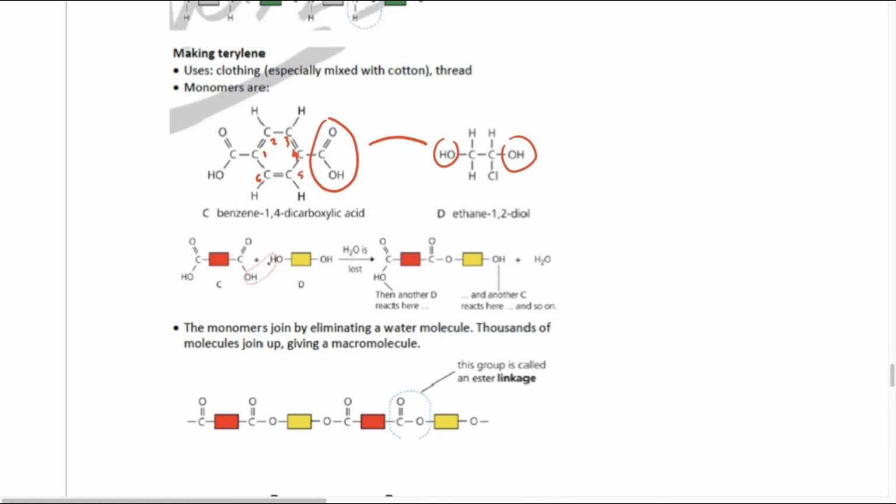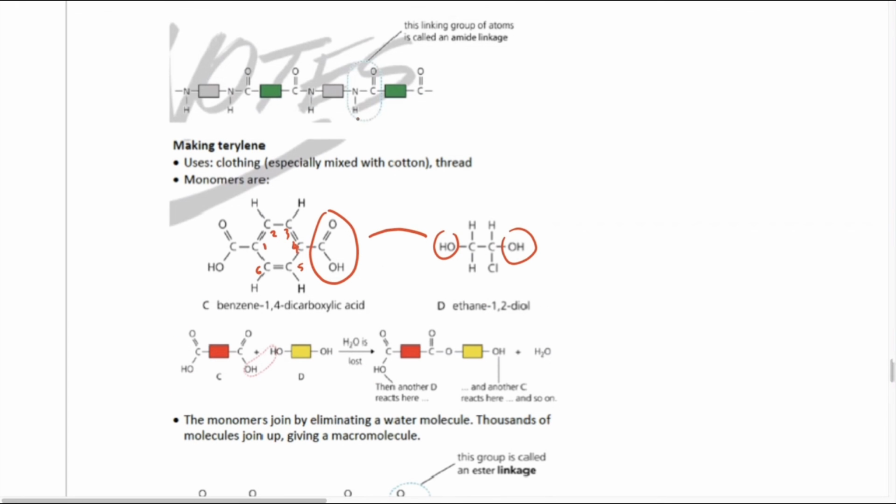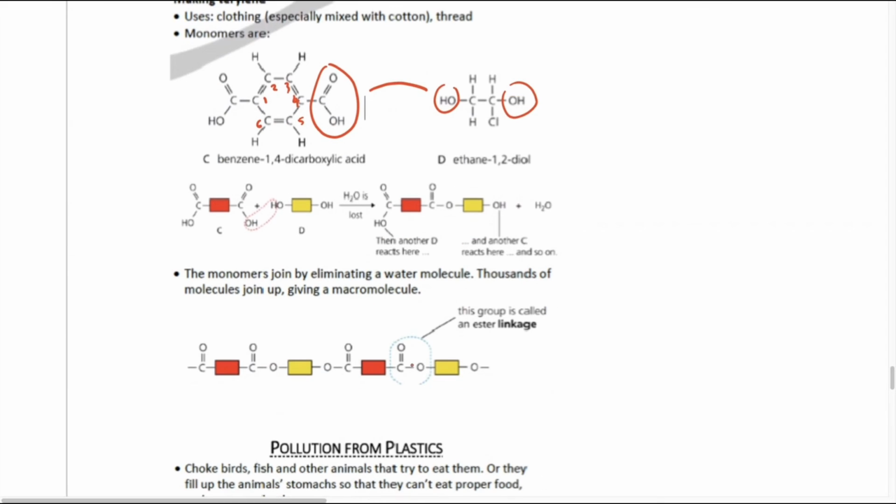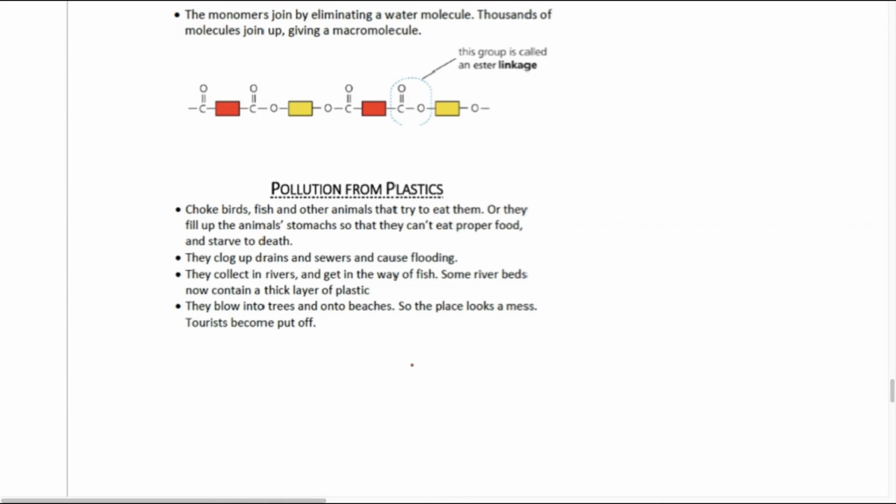After that, the C will join up with the O to form COO, the ester. So the monomers join by eliminating a water molecule. Thousands of molecules join up, giving a macromolecule. This is where they form ester linkage. Compared with just now, that was amide linkage. This is ester linkage.